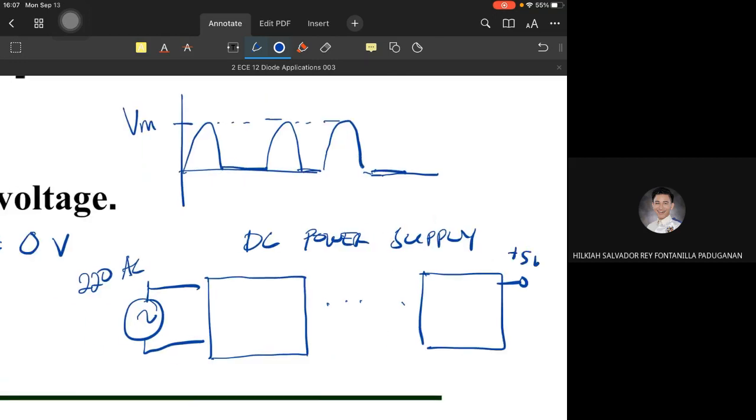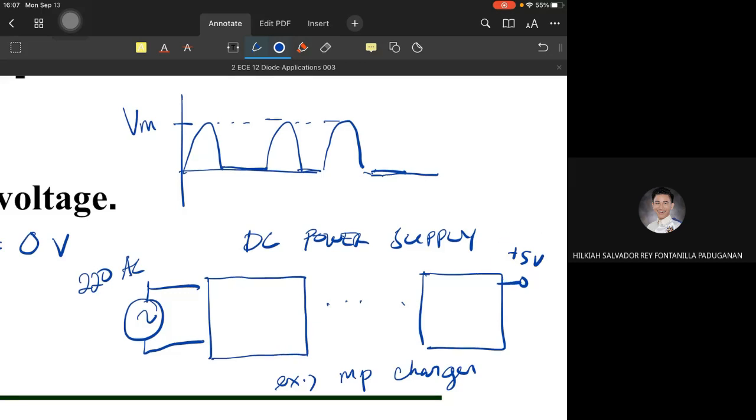The best example of this is our mobile phone charger. We plug the charger into the outlet, which is 220 volts, but if we measure the output at the USB cord with a voltmeter, 5 volts comes out.